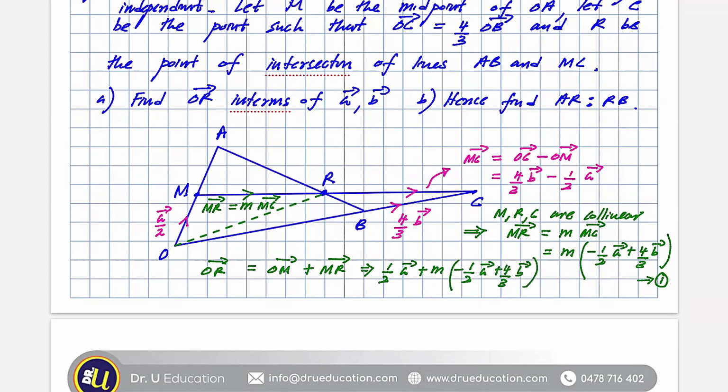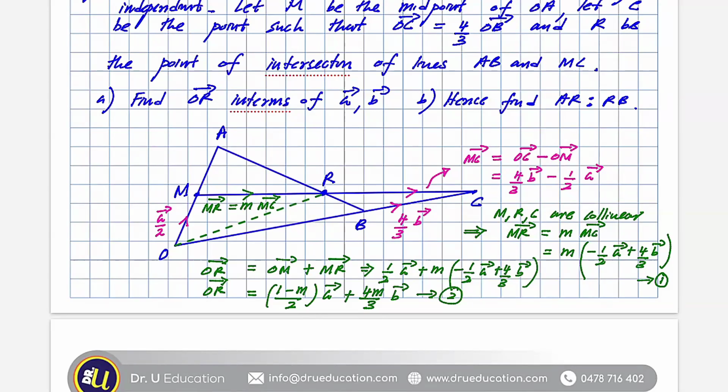Now you can group it. Group means A terms separately and B terms separately. So what you're going to get is (1 minus M) divided by 2 A plus 4M divided by 3 B. Right, so we found OR vector now.